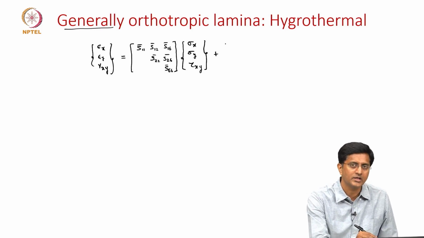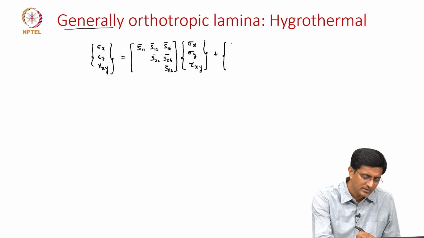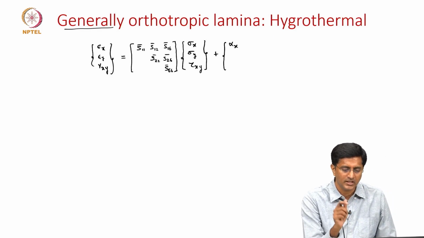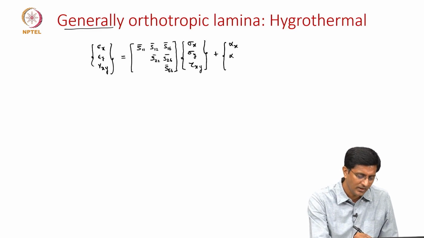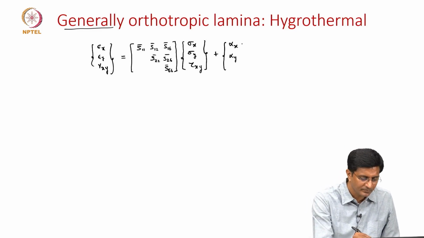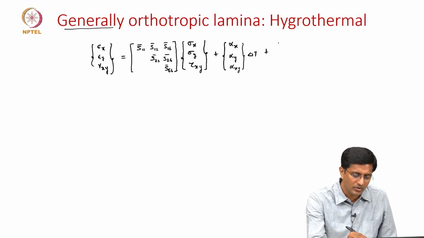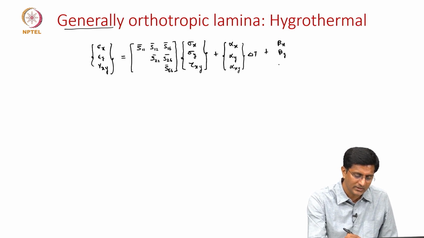So we'll write it as alpha times delta T, but the way we write alpha is it will be alpha x, meaning the CTE in the x direction, alpha y and alpha xy times delta T. Similarly, strains from the moisture we'll write as beta x, beta y and beta xy times C.